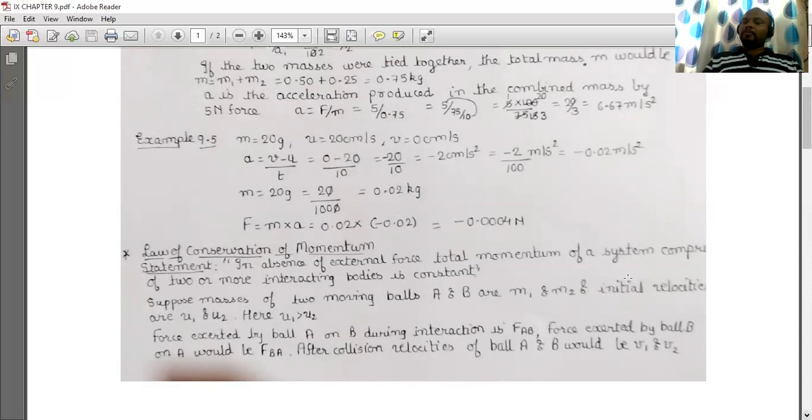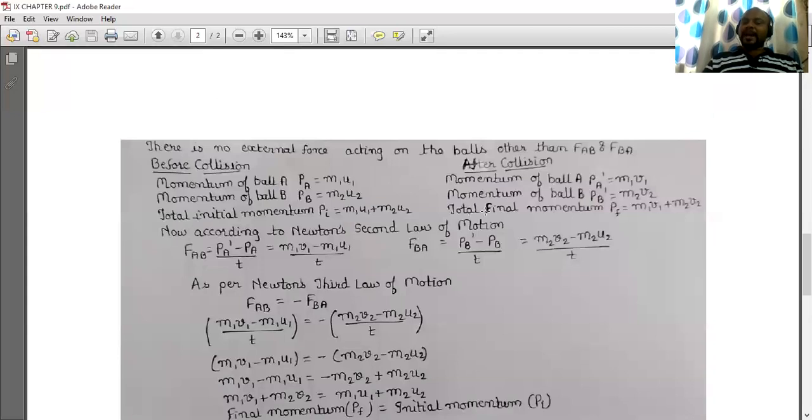Force exerted by ball A on B during interaction is FAB, whereas force exerted by ball B on A would be FBA. After collision, the velocities of ball A and B would be v1 and v2. There is no external force acting on the balls other than FBA and FAB.